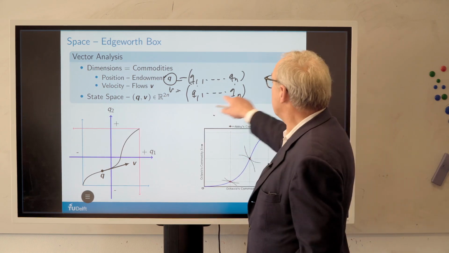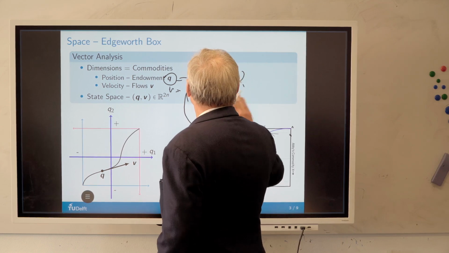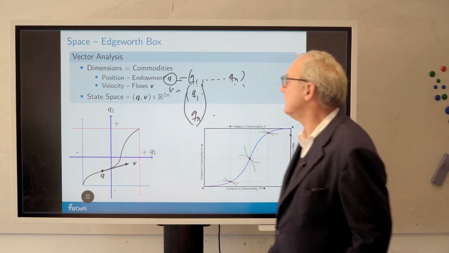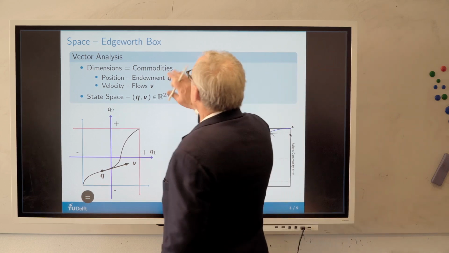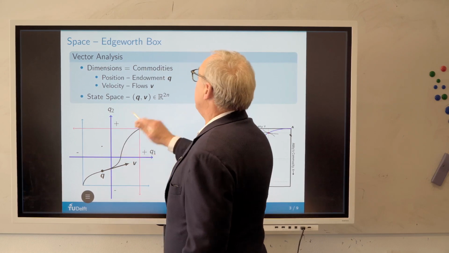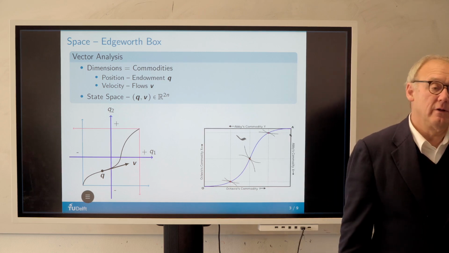I don't know why I drew this vector now, as it should have been a vector. This is just a point. This is a vector. If you give these two pieces of information and you do that for every possible point, then you have something called a state space.